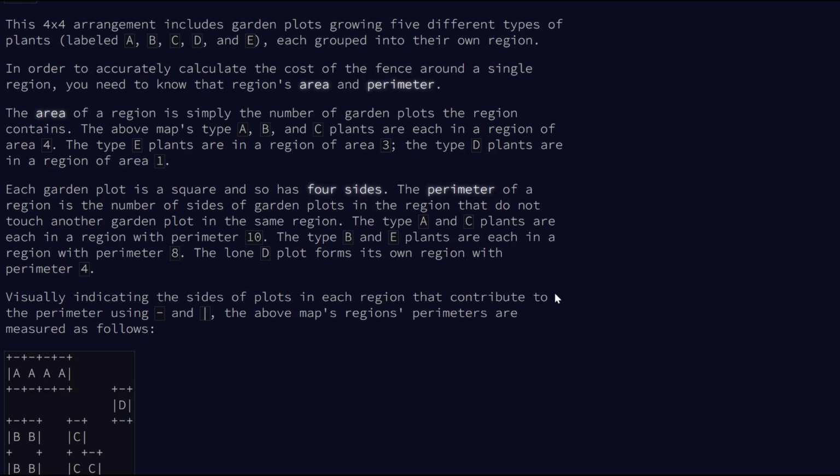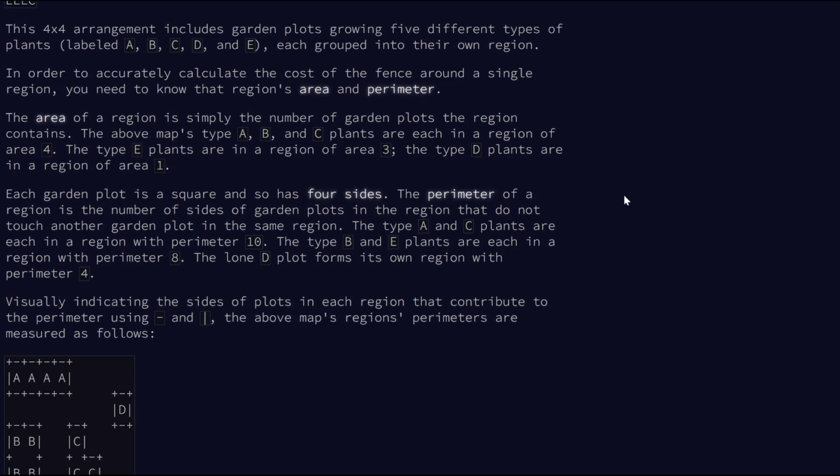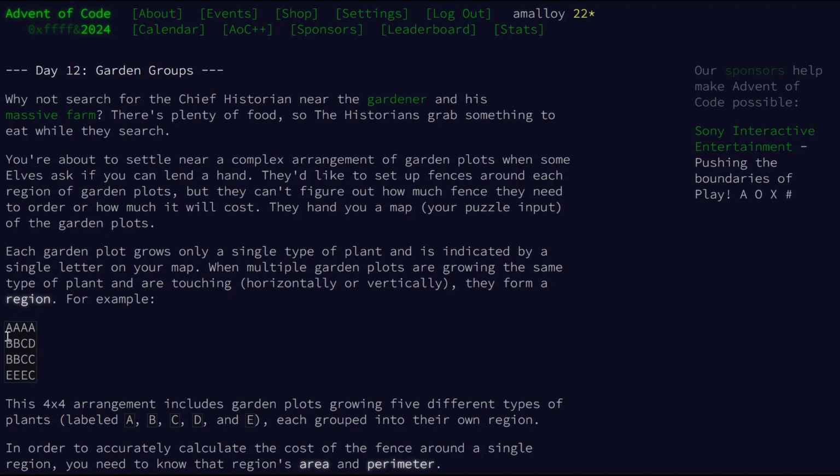Each garden plot is a square and so has 4 sides. The perimeter of a region is the number of sides in the garden plot that do not touch another plot in the same region. So, if we look up here, it's what you'd expect perimeter to be, right?